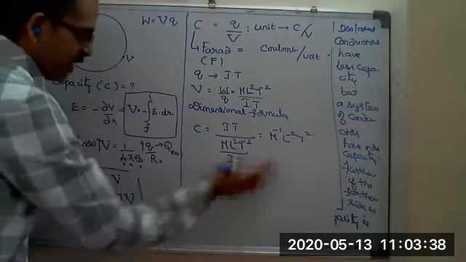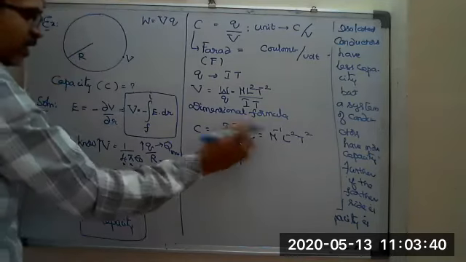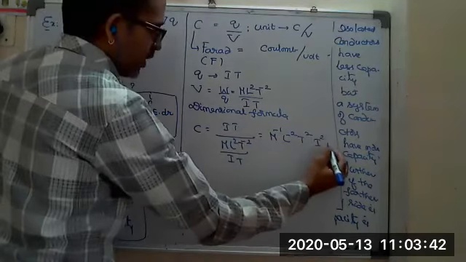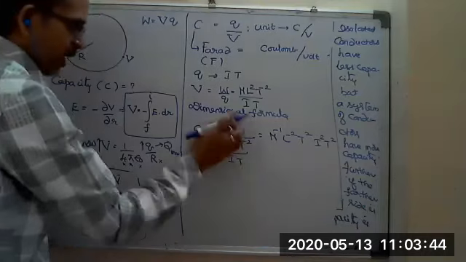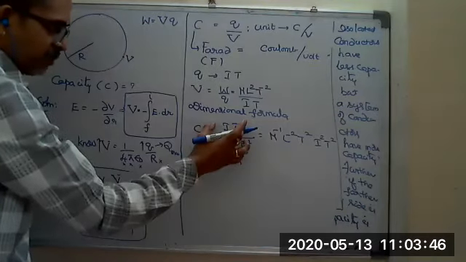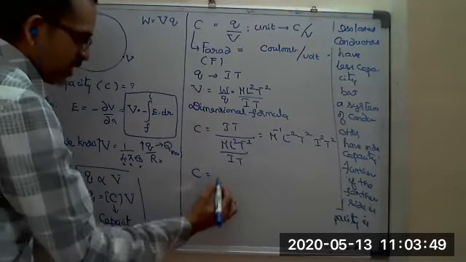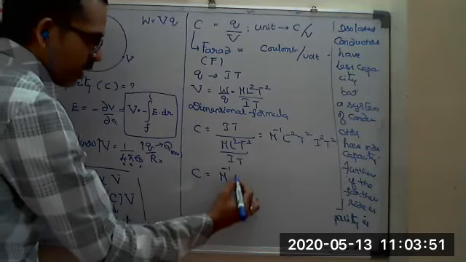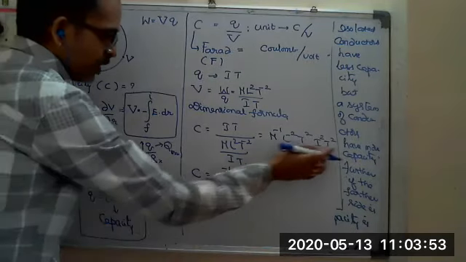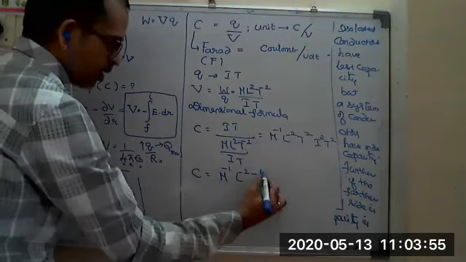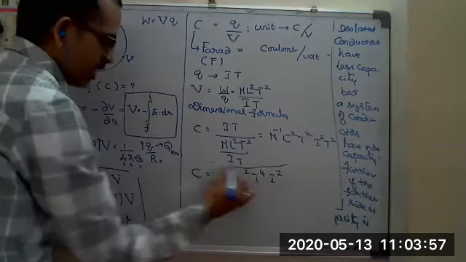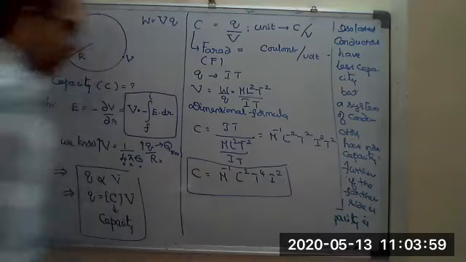This IT, if you bring it to the numerator, you will get I square into T square. This IT is multiplied with the other IT. So the capacity dimensional formula is M power minus 1, L power minus 2, T power 4, I square.